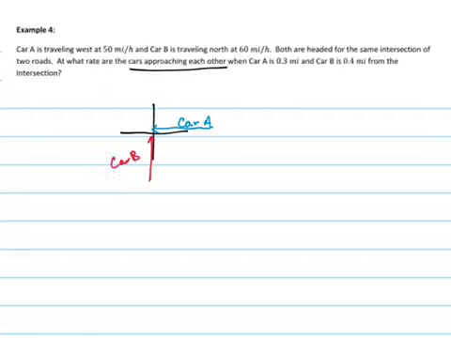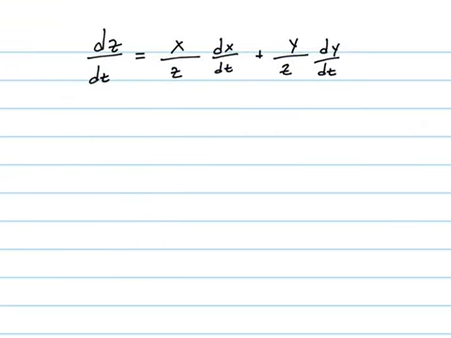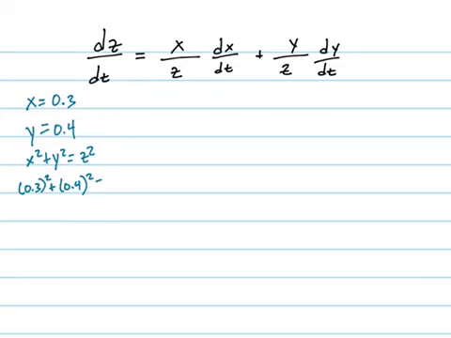Now we know that at the time we're looking at this, car A is 0.3 miles from the intersection, car B is 0.4 miles from the intersection. So we're talking about a point when x is 0.3 and y is 0.4. If we go back to our equation, x squared plus y squared equals z squared, and substitute those in, we find that z is equal to 0.5.